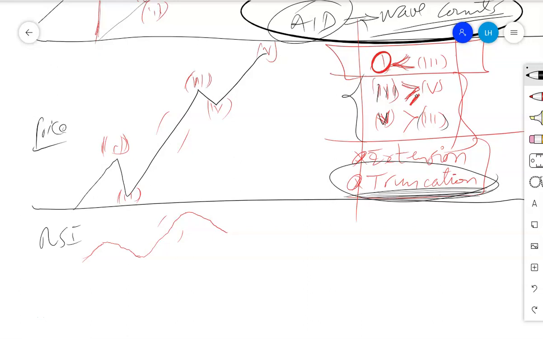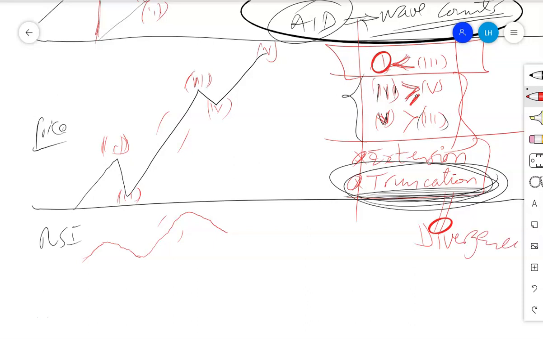So now let us see the idea of truncation. How will the RSI look when there is truncation? Mainly here we will link it, in most cases but not all the time, with the idea of divergence.